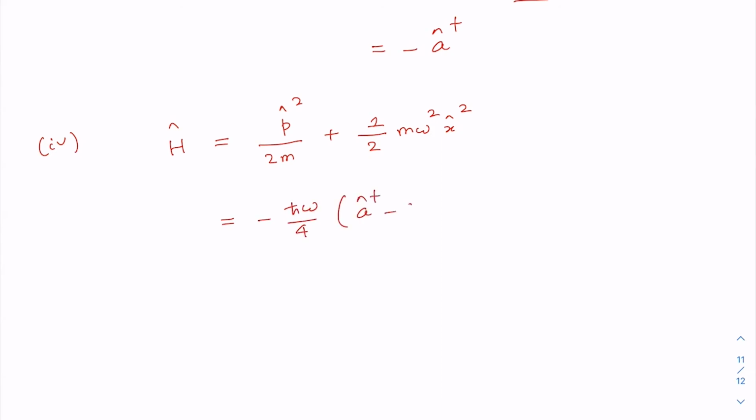You'll have A dagger minus A whole square plus h cross omega by 4 A plus A dagger whole square.